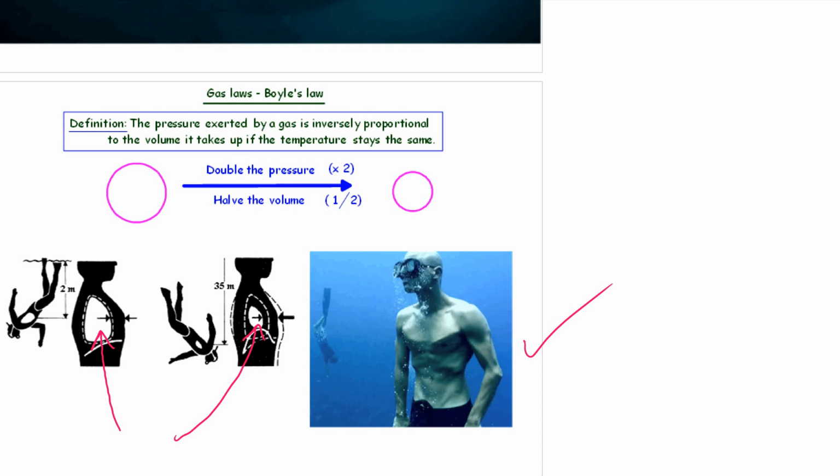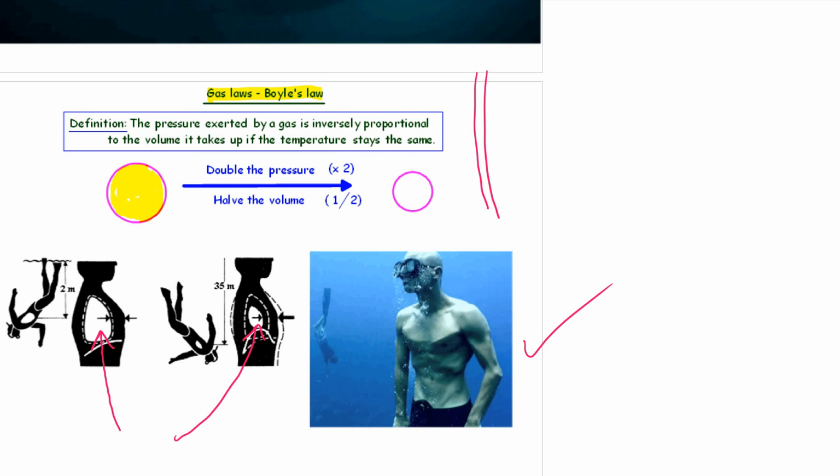What I would like you to write down is this little section here on Boyle's law. The pressure exerted by a gas is inversely proportional to the volume it takes up if the temperature stays the same. Now, what on earth does that mean? Well, let me just try and explain now. As long as the temperature stays the same, Boyle's law states that you've got a certain volume at the start.